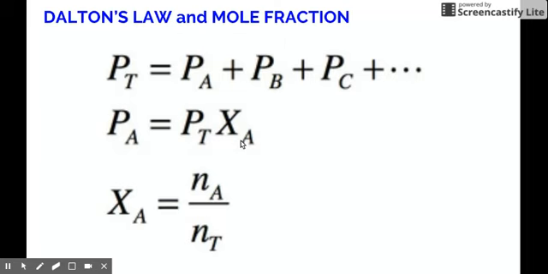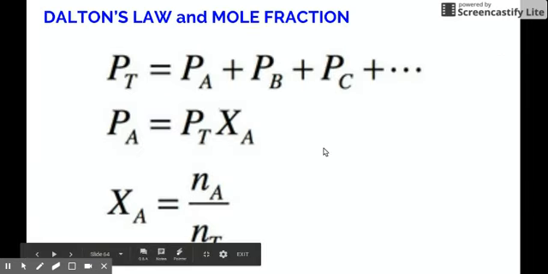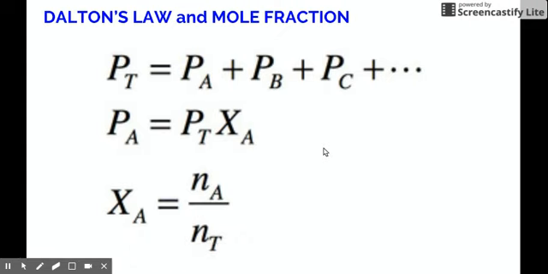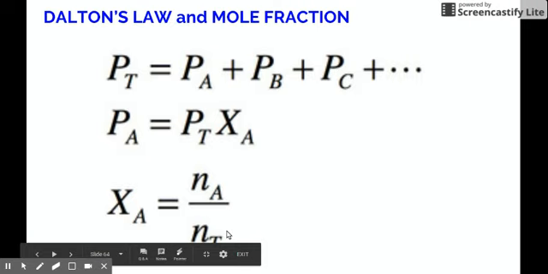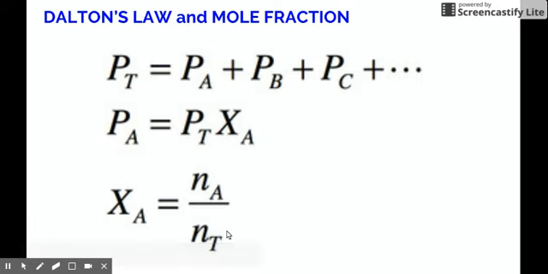And how to get mole fraction again? The mole fraction is just equal to the ratio of the mole of that gas divided by the total moles of all the components in the mixture. So small letter n is always about the mole.